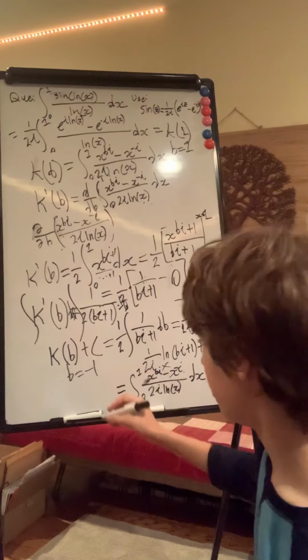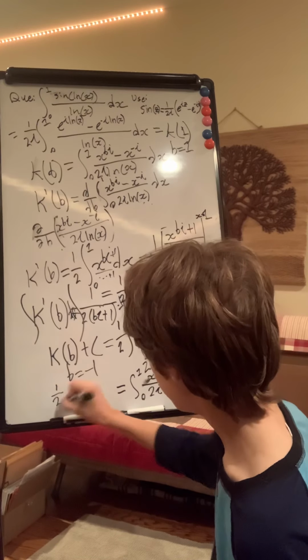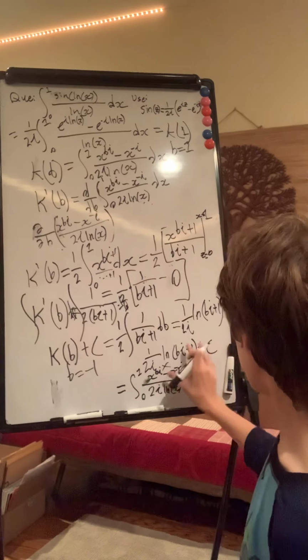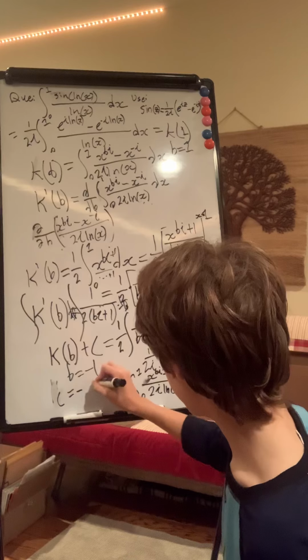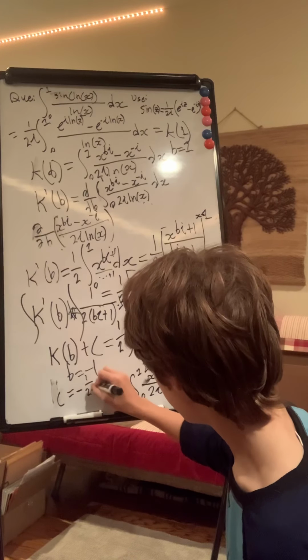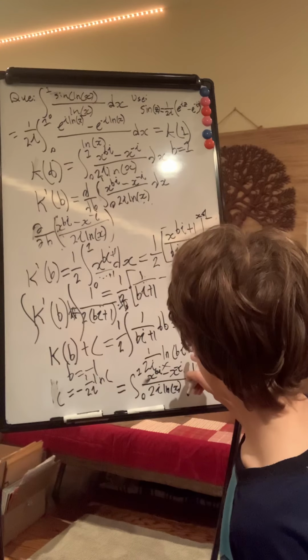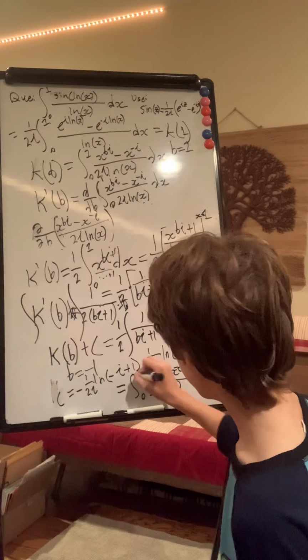So this goes to 0, solve for c, we get c must equal -1 over 2i times ln, we plugged in b equals -1, of -i plus 1.